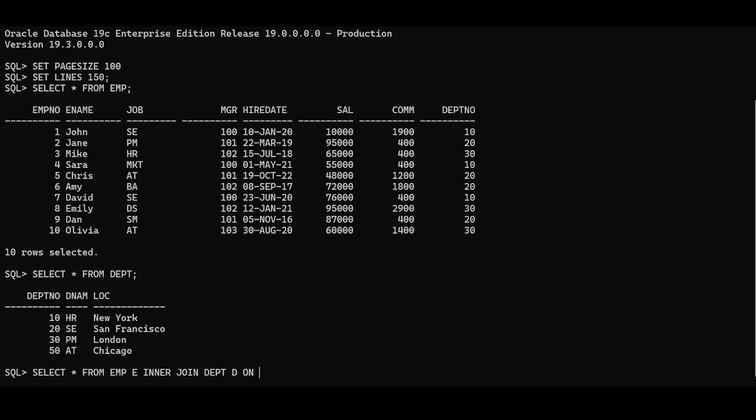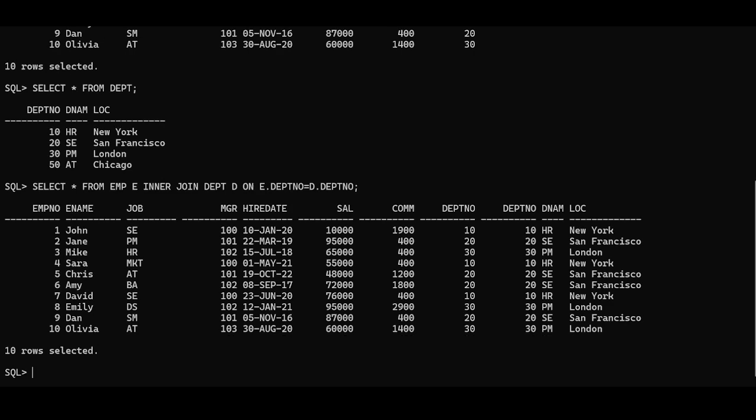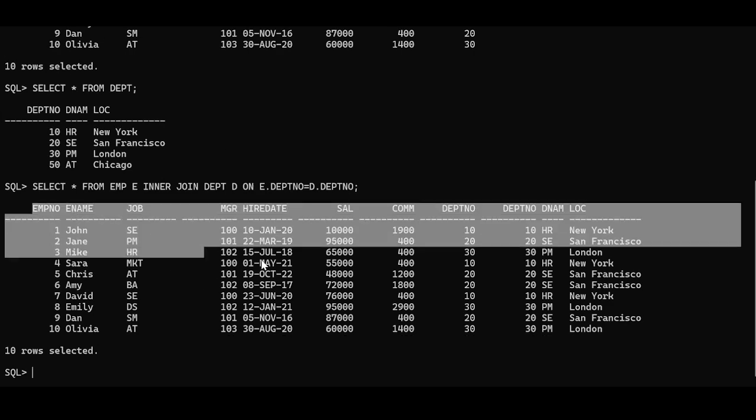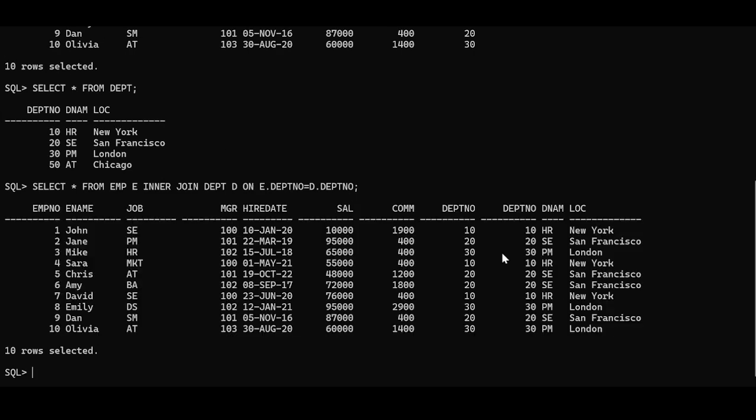On E dot DEPTNO, the common column, equal to D dot DEPTNO. So now both tables are joined together, right?